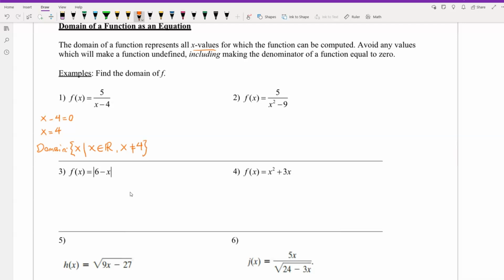So we cannot have 4 in our domain, because if I have 4 here, 4 minus 4, that part will be 0, and 5 divided by 0 is undefined.